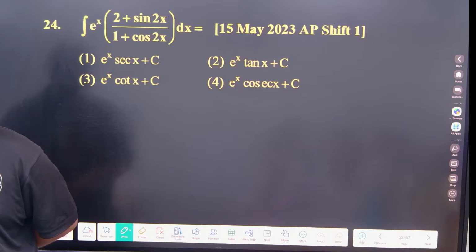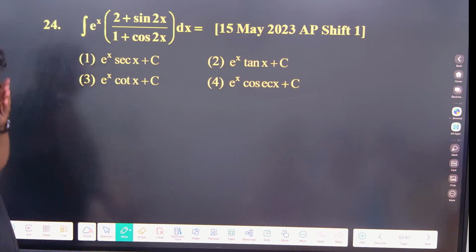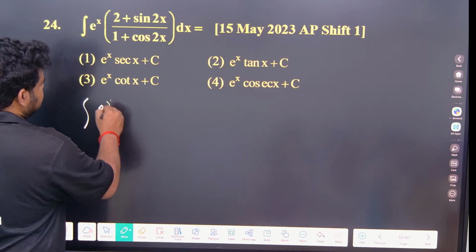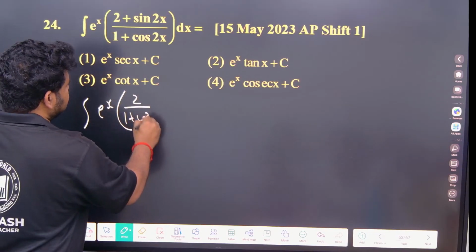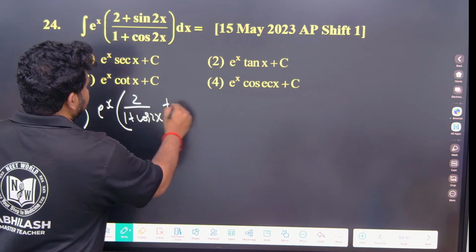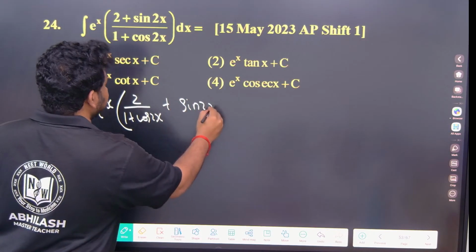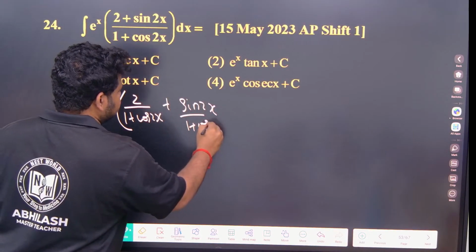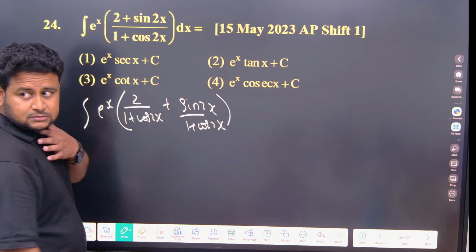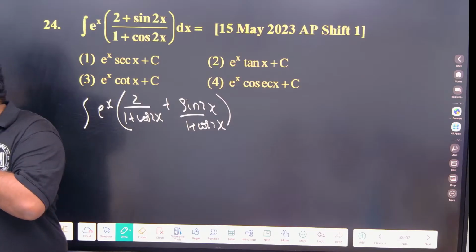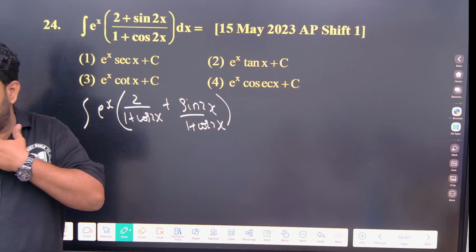So see here, what we can do is e power x, let me separate and divide it: 2 by 1 plus cos 2x, plus sin 2x by 1 plus cos 2x.